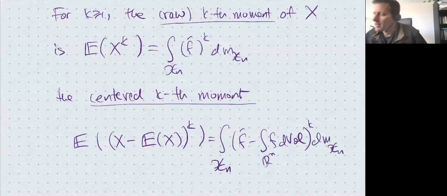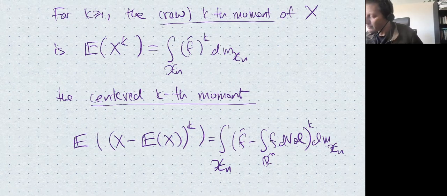Okay, so by the Siegel summation formula, this object is the expectation of x if x is the Siegel transform of a function f. And so this is the centered kth moment.